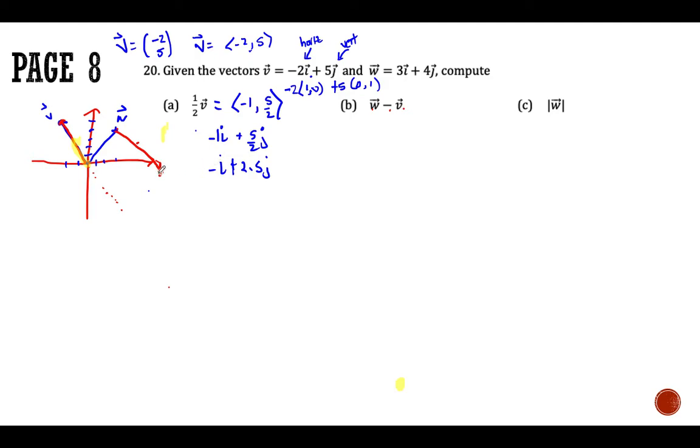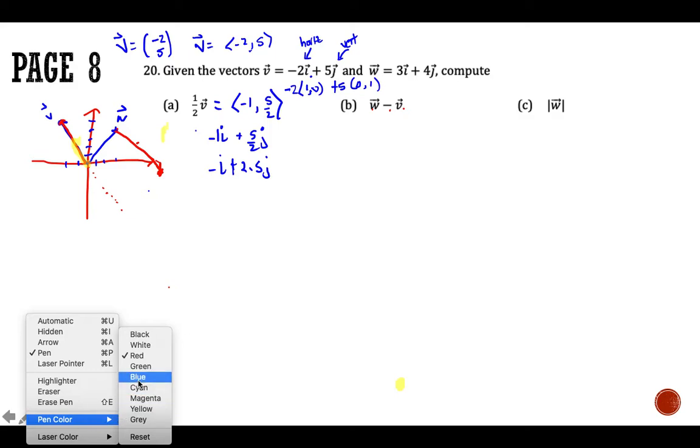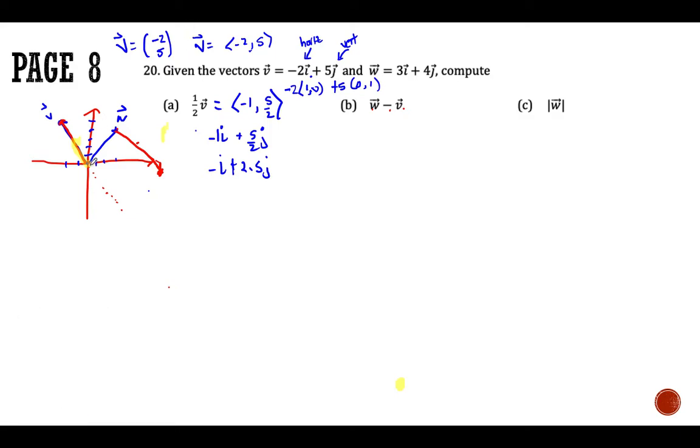So now the question is, where did I land? And I want to represent that with the vector from the origin. And how I figure out what that is, just do the subtraction with 3 minus negative 2, 3 minus negative 2, and 4 minus 5.